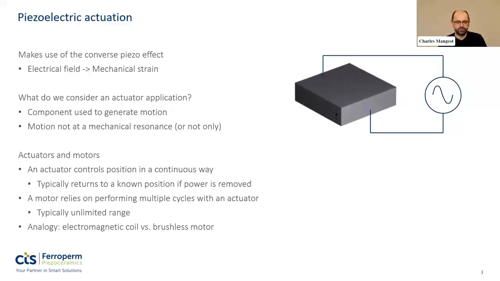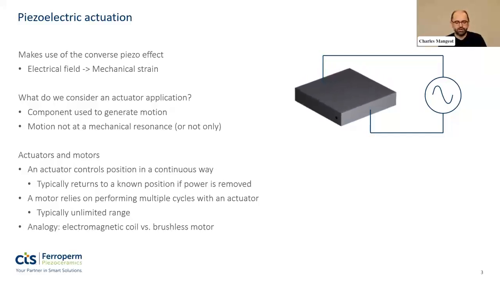There's also the distinction between actuators and motors, and you will find different definitions in the literature. What we consider an actuator here is something that can generate or control a position in a continuous way.